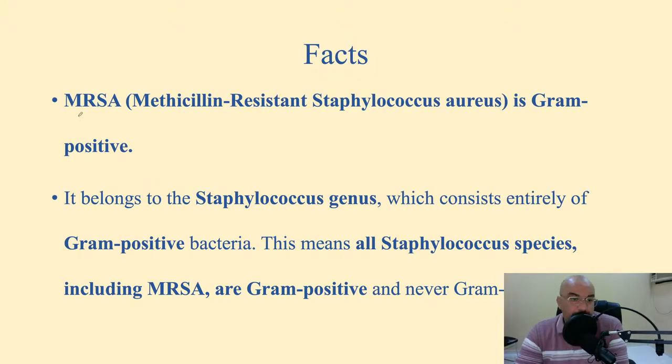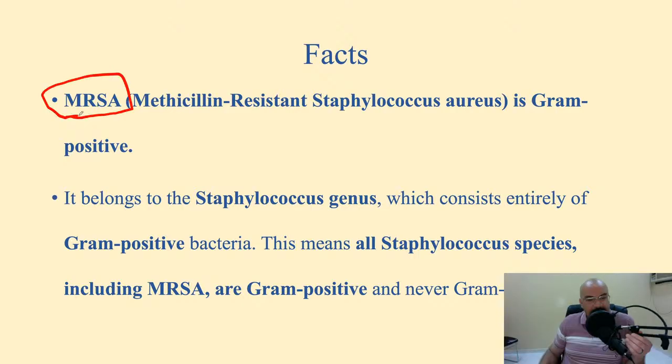For example, let's take MRSA. This is the headache that anyone working in healthcare, maybe in wound care, will face, which is methicillin-resistant Staphylococcus aureus. So the first information about MRSA is that it's a type of Staphylococcus aureus.